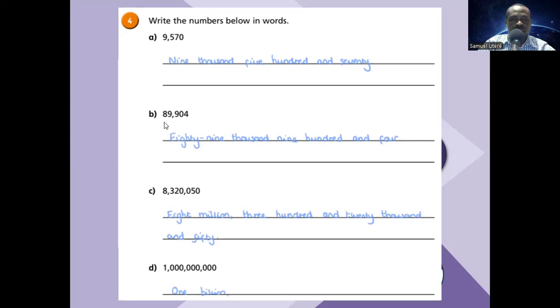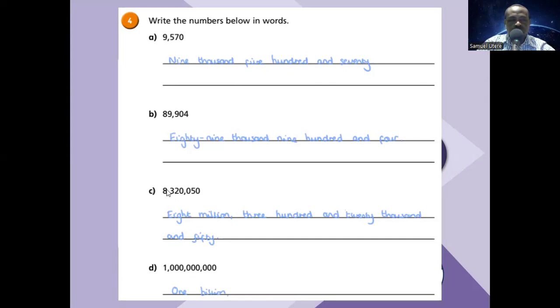Here you have 89 and you have 3 digits coming after that. So you know, I'm going to read this as 1,000. So you say 89,904. You can see the 0 is being read as and.